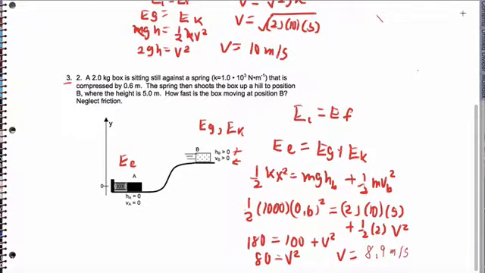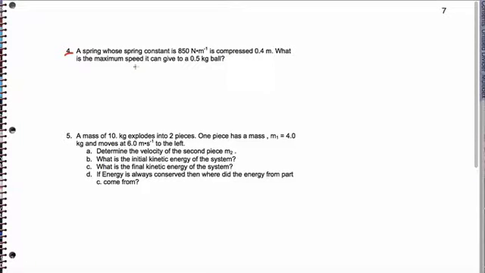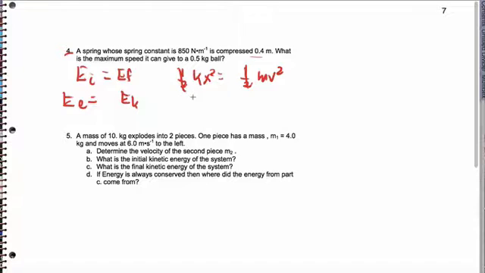Awesome. Now, the problem that I gave you for homework on the lab, we want to know the speed that it can give to this ball. So we have initial energy still equaling final, but now we have elastic energy getting converted into kinetic. So we have 1/2 kx squared getting converted into 1/2 mv squared. Let me do a bit of simplification here. I'm going to multiply both sides by 2. So I'll have k, 850, times 0.4 squared equals 0.5 times v squared.